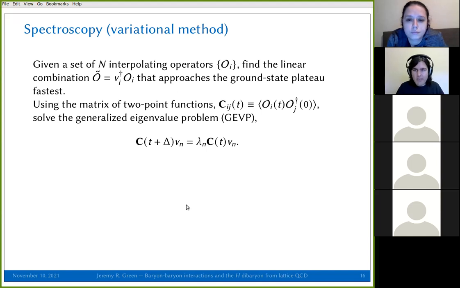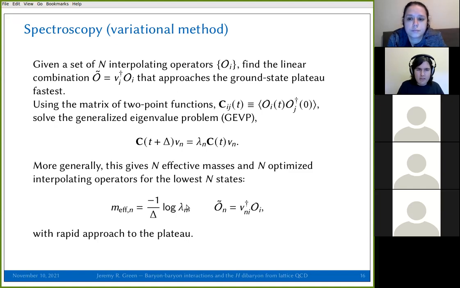This is more data to compute in your lattice calculation. But once you do this, you have this generalized eigenvalue problem. And when you solve it, you get not only a better correlator, a better effective mass for the ground state, but also you can isolate the lowest n states. So this is an approach that's been used quite widely now, and it works quite well.